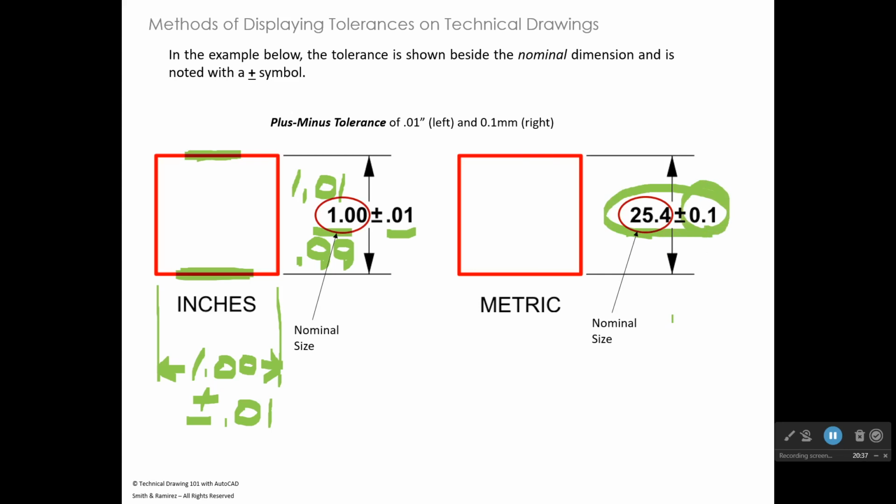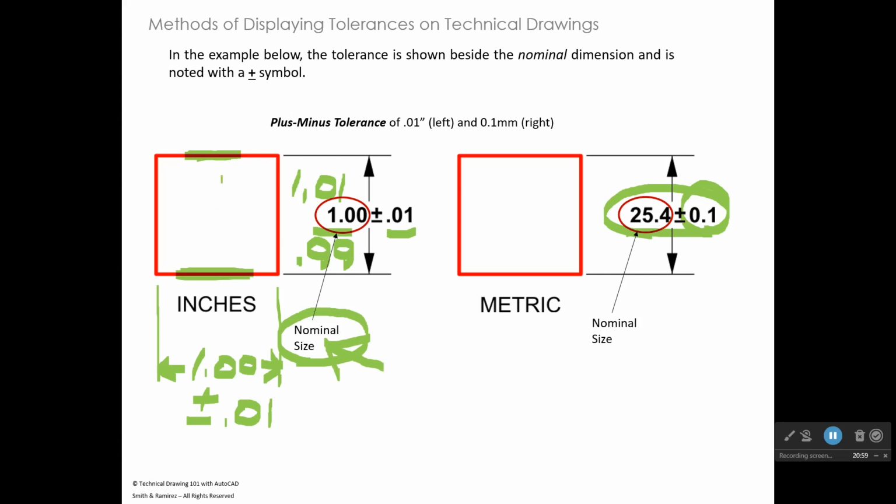All right. The next little bit of information here, where it's circled that 1.00 and it's circled the 0.25, what we call that dimension that you can add or subtract your tolerance to, we say that's the nominal size of the part.